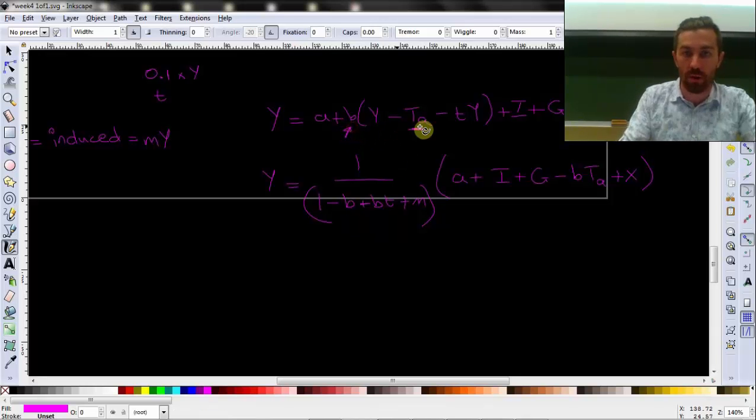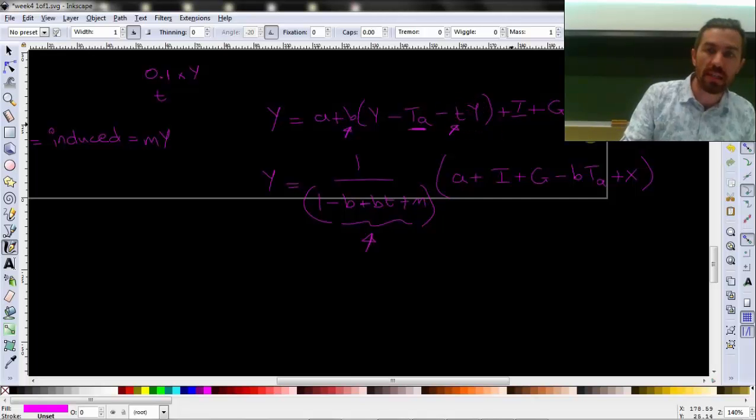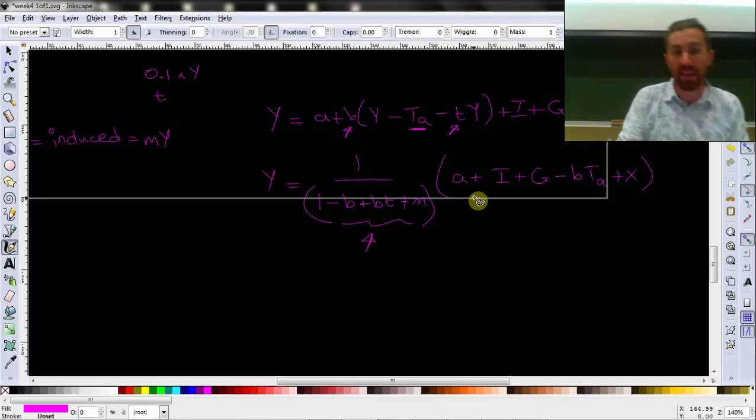Okay. So in our final answer here, are you happy that all the autonomous components, so here's all our induced components, there was a B and a T and an M, all of them end up in our multiplier, right? Are you happy that by introducing a T and by introducing an M, we have made the value of this number down here bigger, right? So if we've made this number bigger, we've made the multiplier itself smaller, right?